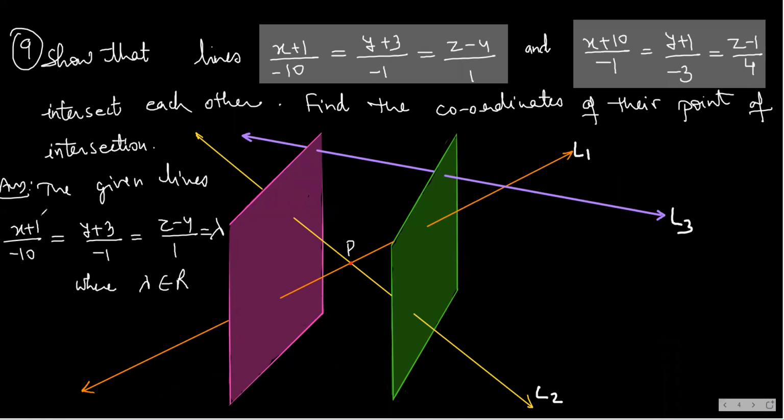So what will happen next? Now remember, students, in this equation, what do x, y, z signify? They signify a variable point. x, y, and z are the coordinates of a variable point. If you remember all those problems we solved, wherever we found the equation of a line, we took x, y, z as the coordinates of a variable point.